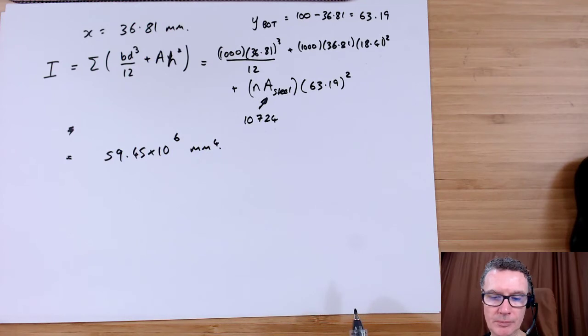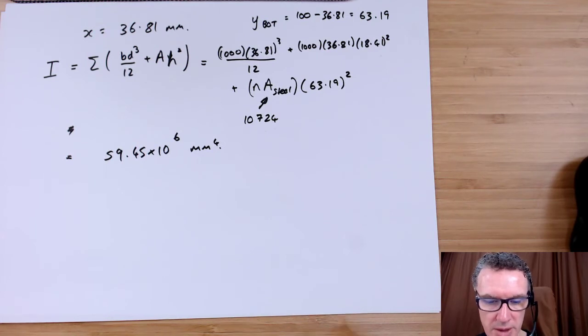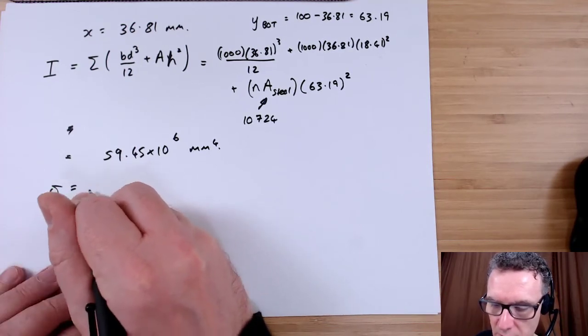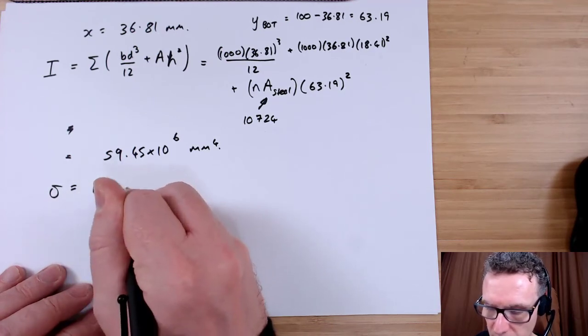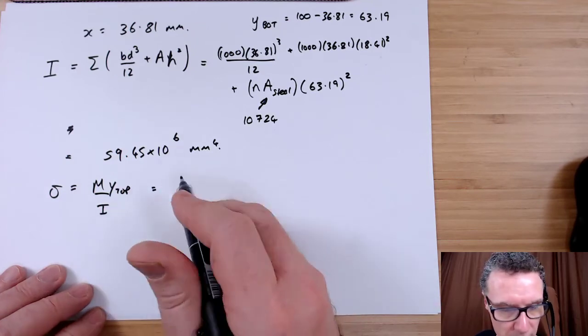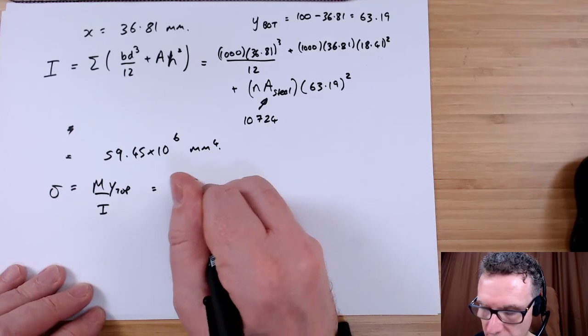Now what do I do? I'm now going to look for the stress that's in the top section. So stress is going to be M y to top divided by I. So the M is 15,000.